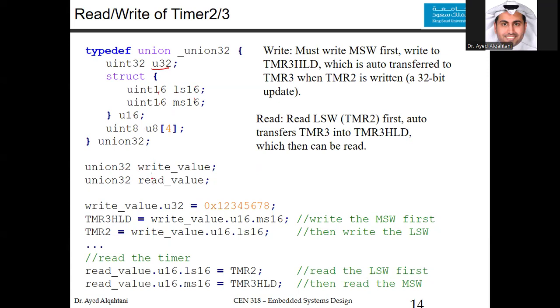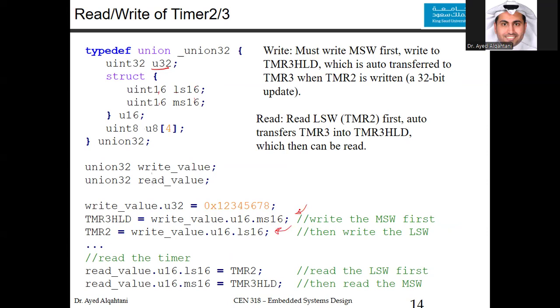This is what we worry about the most when we use 32-bit: when you write and when you read. If you have a write value that you want to write, say this is the write value that we want, in hexadecimal, notice that it's 32-bit. In the write, we write the most significant word first and then the least significant.